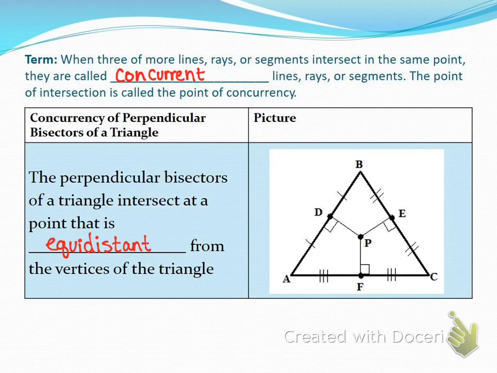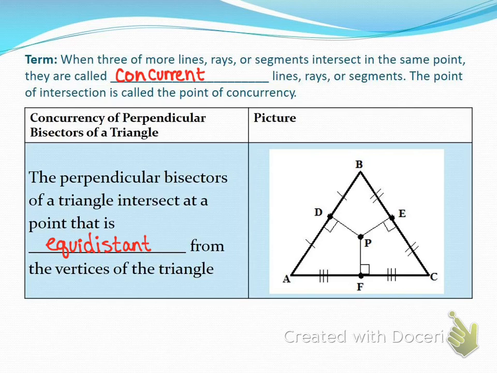That does not mean, for instance, that point B has to be on the same line as FP. That will not always happen. Since this looks like it's probably an equilateral triangle, it's going to kind of appear that way. But what this is saying is that this point where all those perpendicular bisectors meet, right here in the middle, is going to be equidistant from all the vertices or all of the corners of the triangle.